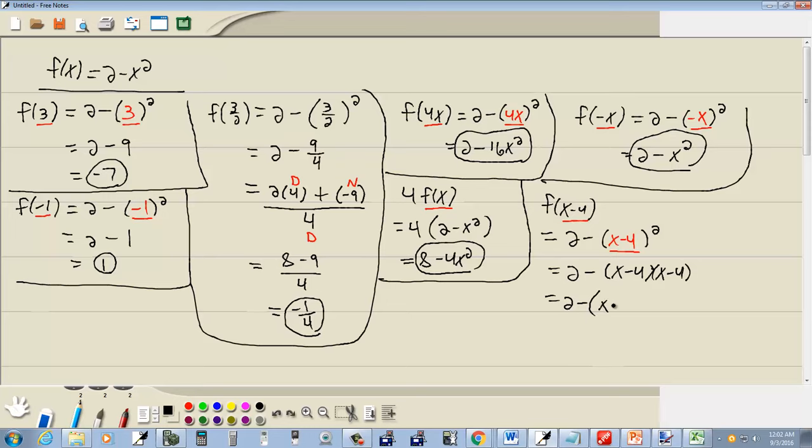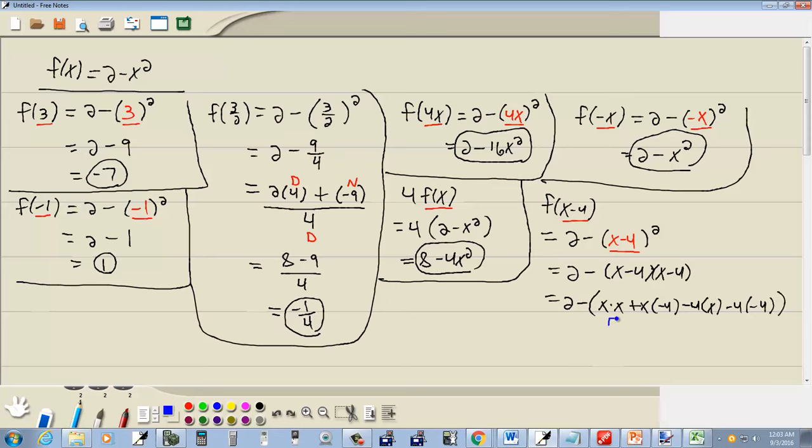So I got x times x. I got x times negative 4. I got negative 4 times x. And I got negative 4 times negative 4. If you learned this technique in another class, that's FOIL.